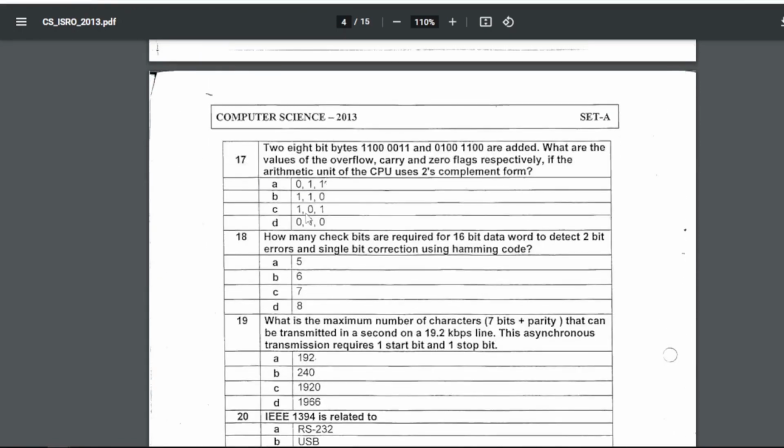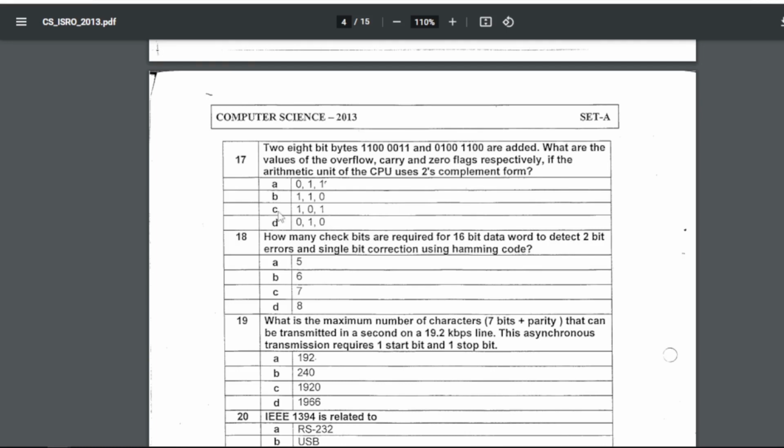Question number 17 is two 8-bit bytes, these and this, are added. What are the values of the overflow, carry and zero flag respectively if the arithmetic unit of the CPU uses 2's complement form? So for 17, if you look into all the options, you will get the answer as D, that is 010.